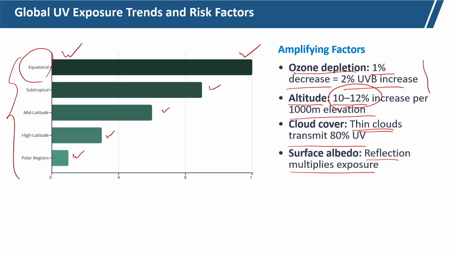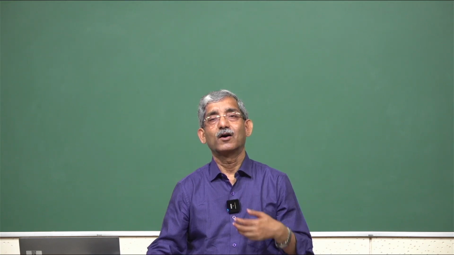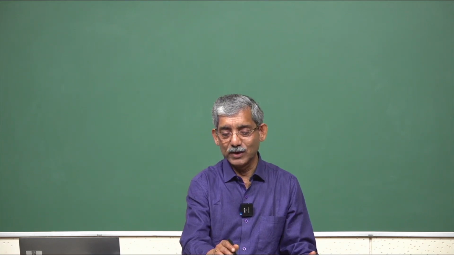That means there will be different surfaces, like I have already mentioned, snow covered mountain, sand, water, or other reflective surfaces. So, this multiple reflection exposure will amplify the UV exposure.